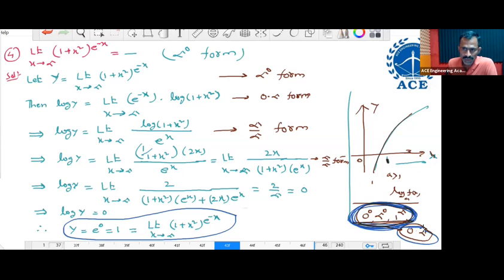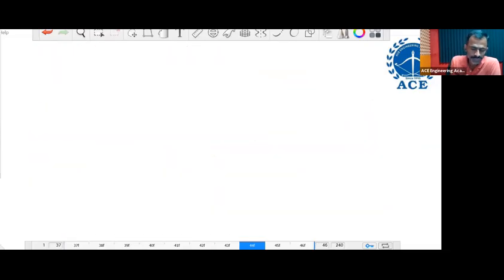Okay, we write another problem. Problem number 5. Limit x tends to 0 of x power x.